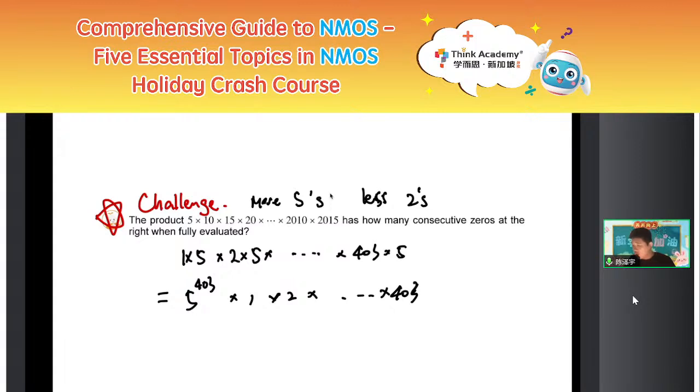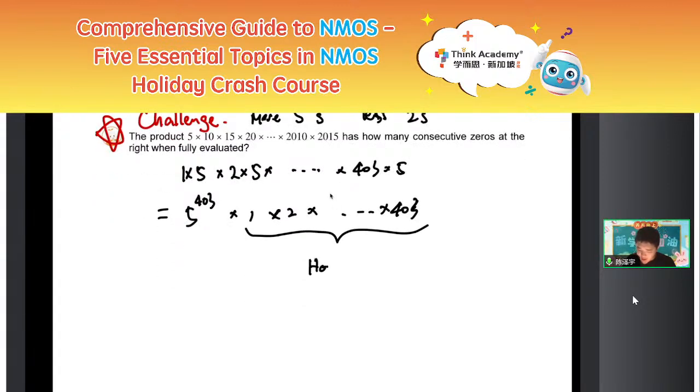And you need to use the method that we learned before to find out, after the prime factorization, how many factors of 2 there are.